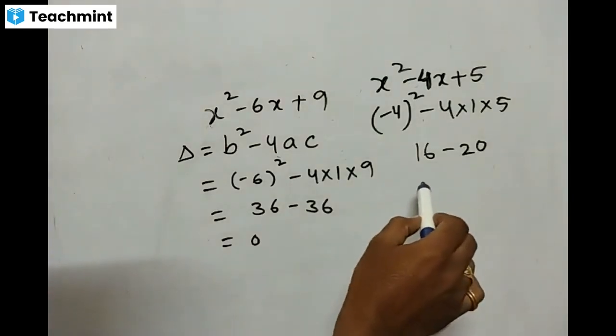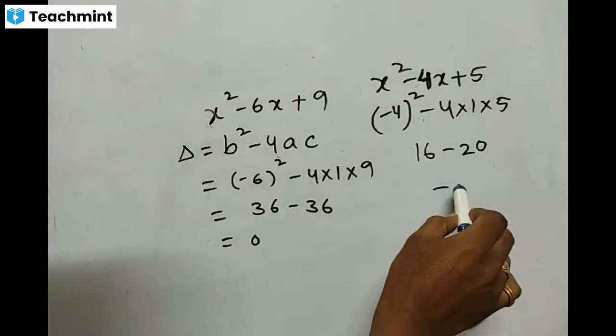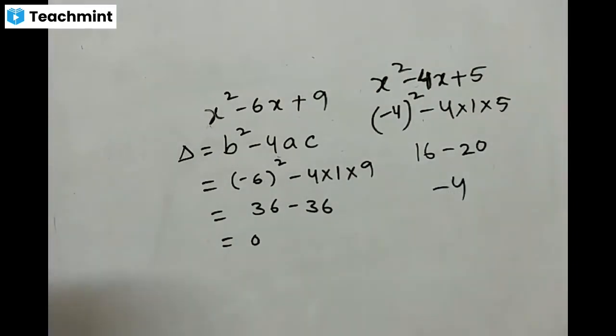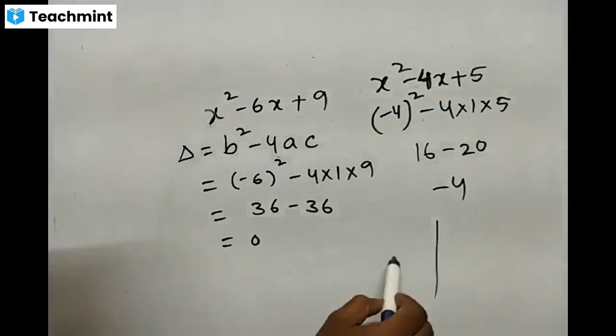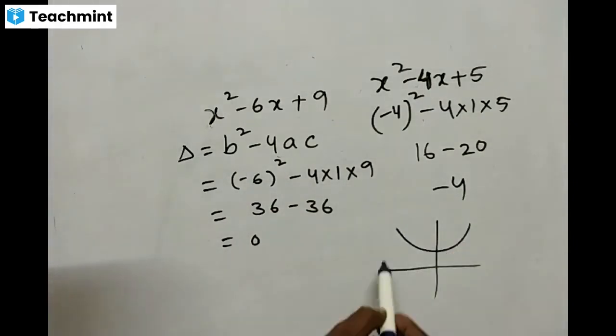Sixteen minus 20, how much? Minus 4, sir. Negative 4. The graph will not touch the x-axis. If it is a negative value, the graph is not going to touch the x-axis.